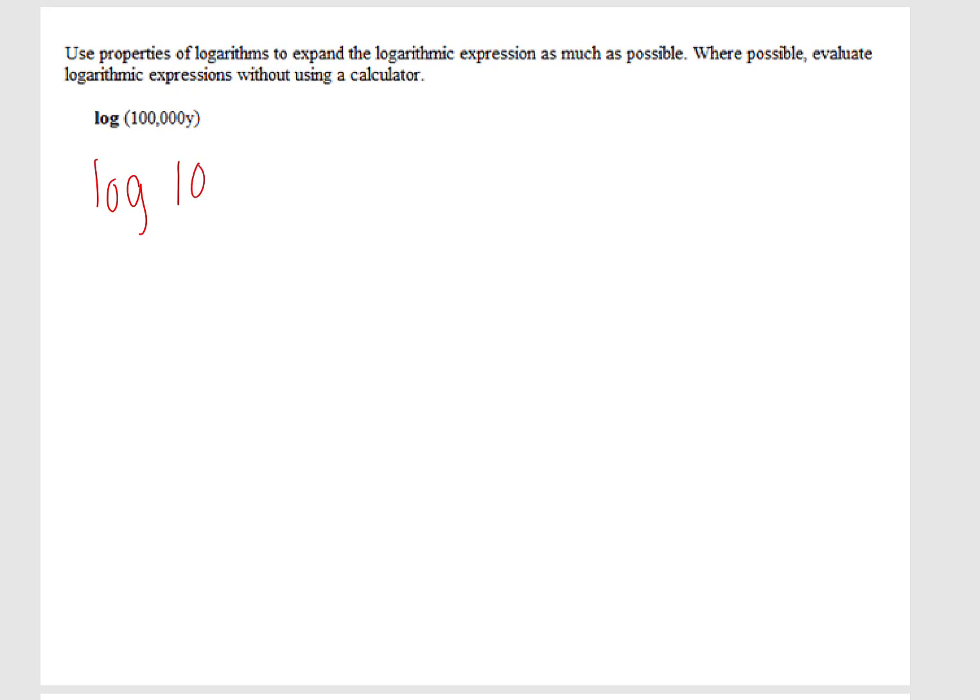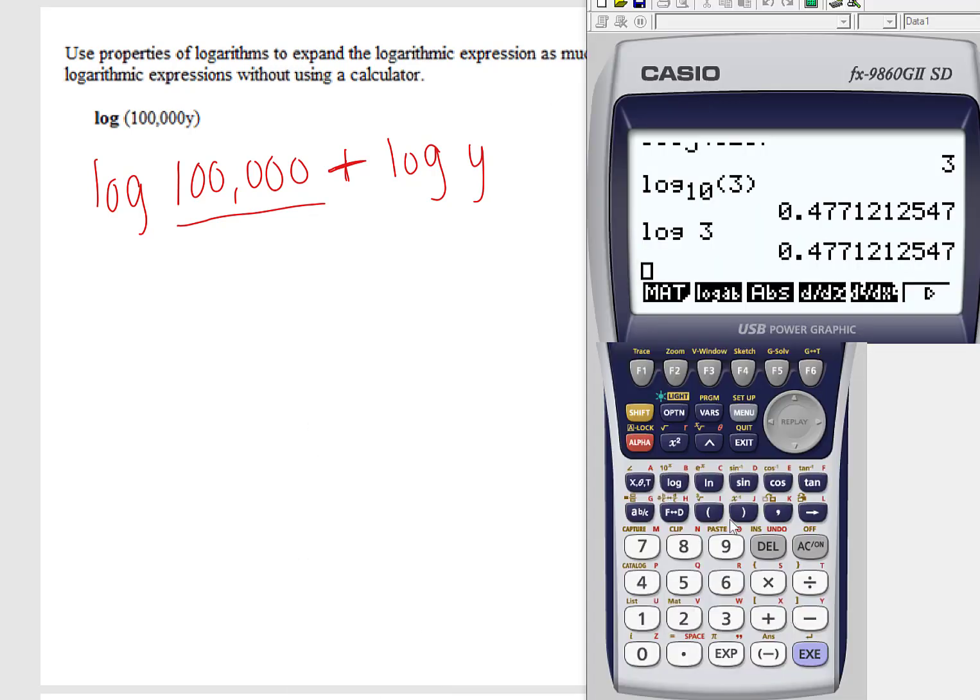So log 100,000 plus log y. This variable I know I can't take down any further. But this, I definitely could possibly get a nice solid integer.